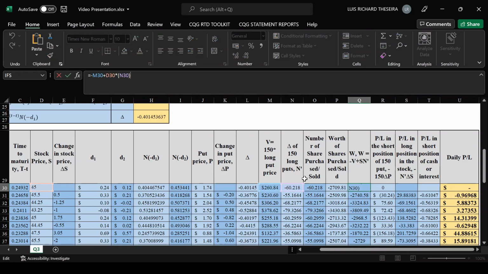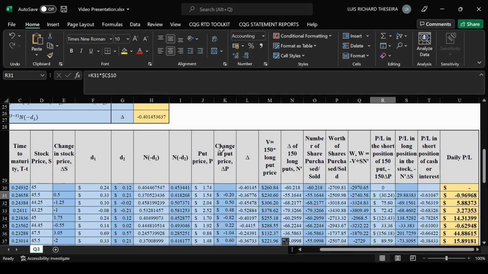So from that, we can compute for each corresponding day. Now that we have computed all this, we can now calculate the profit or loss for the short position of 150 puts, the long position in the stock, and the short position of cash.